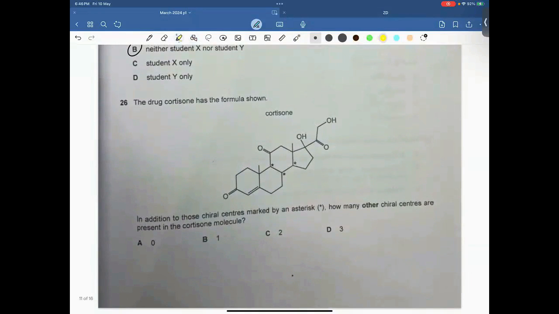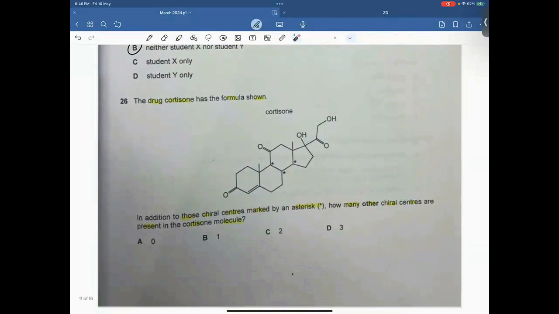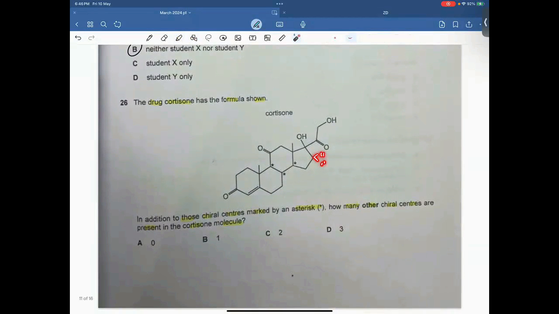26. The drug cortisone has the formula shown. In addition to those chiral centers marked by an asterisk, how many other chiral centers are present in the cortisone molecule? This has 2 hydrogen atoms, this has 2 hydrogen atoms, this is a double bonded carbon, this has 2 hydrogen atoms. So this shouldn't be chiral because of the double bond. Because of 2 hydrogens, no chiral.